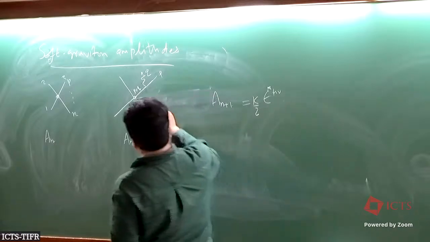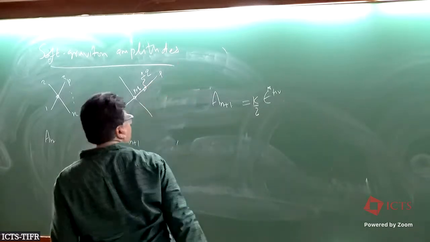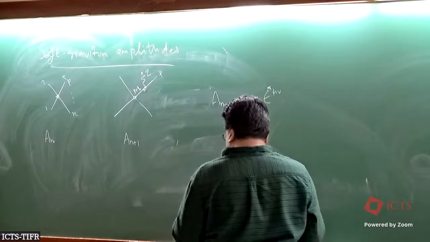So this is this vertex times the T mu nu.